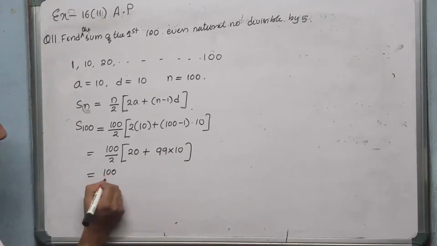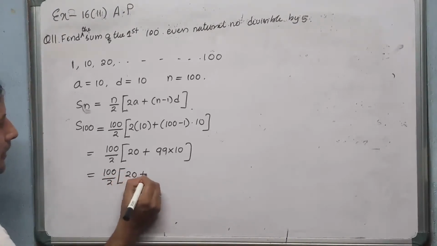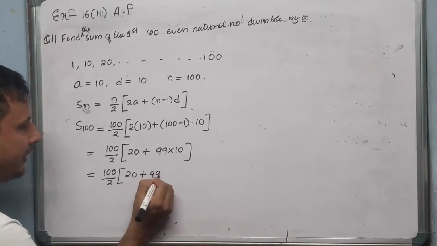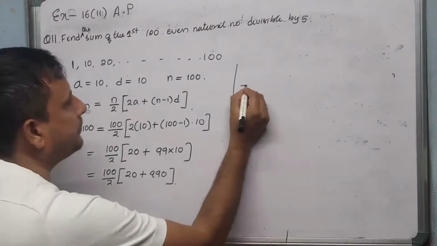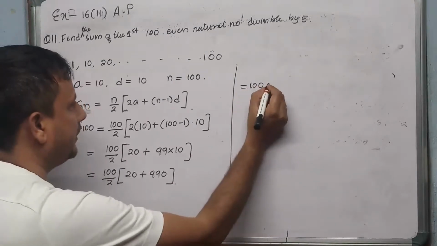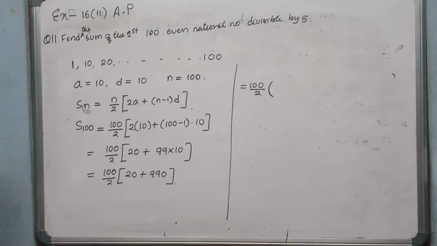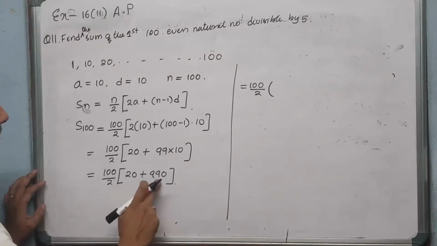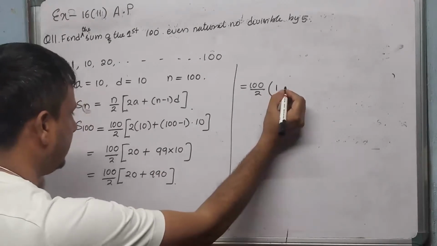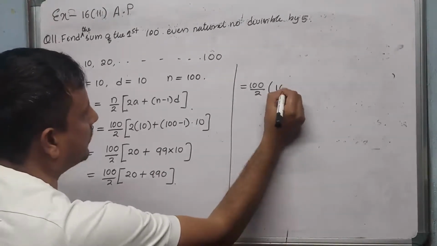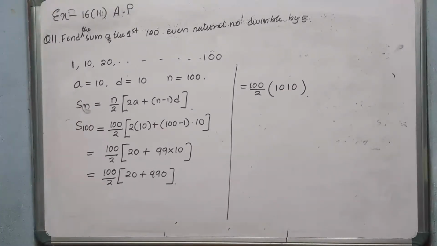It is 100 by 2 into 20 plus 990. 990 plus 20 is 1000 and it is 1010.